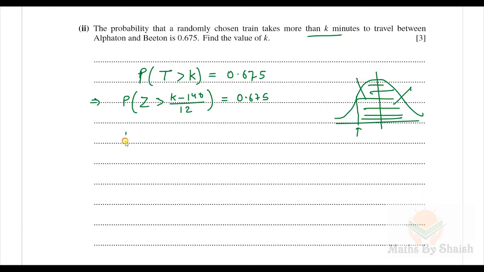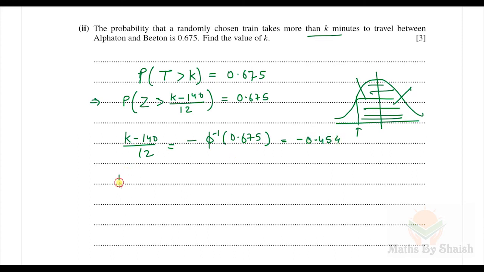So from here we can write (k minus 140) over 12 as minus phi inverse of 0.675, because it is a negative value, that's why it would be minus of this, and this value is minus 0.454 from the normal distribution table.